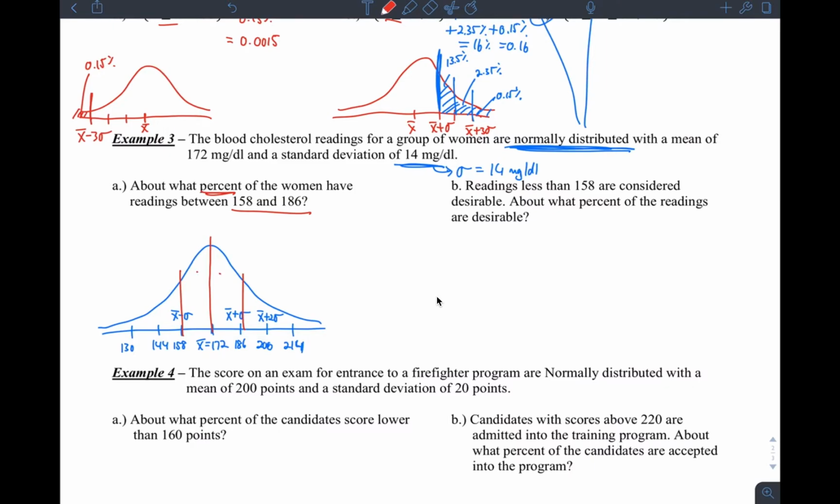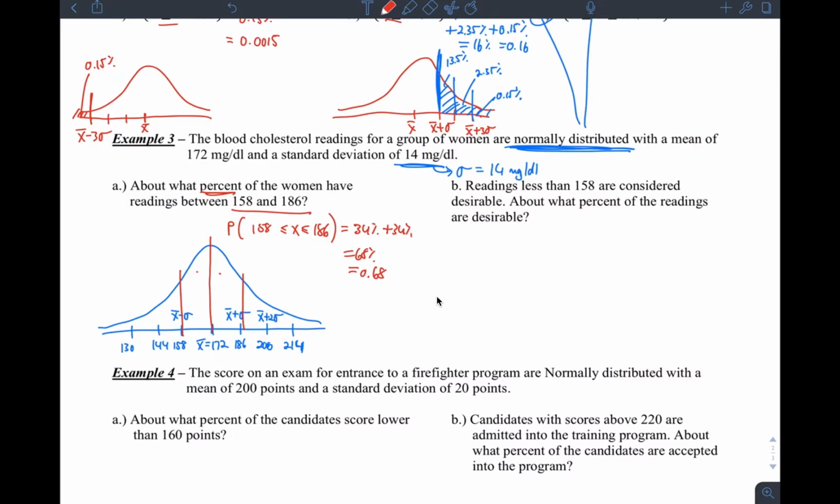Now please, you can write this properly. The probability that a randomly selected person is between 158 and 186 would be 34% plus 34%, which is 68%, or 0.68. Okay?